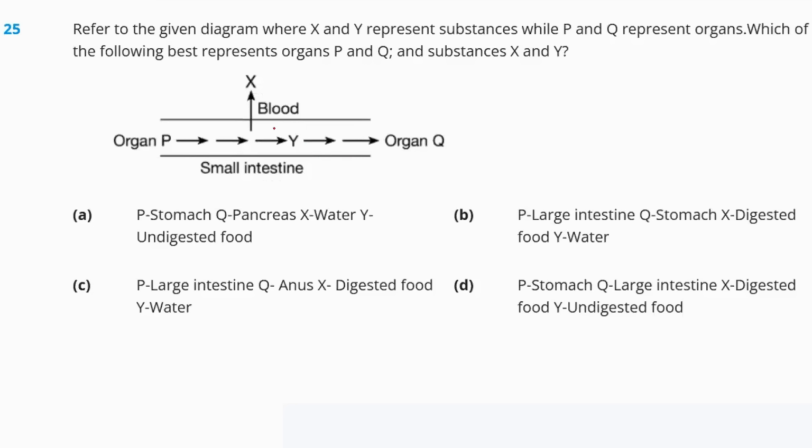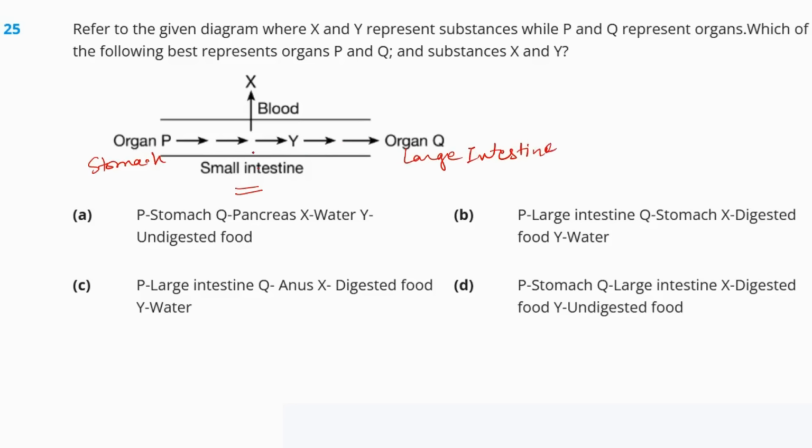Question number 25, refer to the given diagram where X and Y represent substances while P and Q represent organs. Which of the following best represents organs P and Q and substances X and Y? So everybody, this is the small intestine. Food would be coming from the stomach, small intestine to the large intestine.